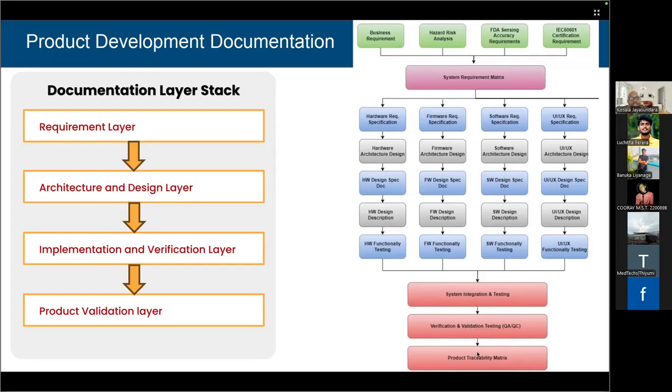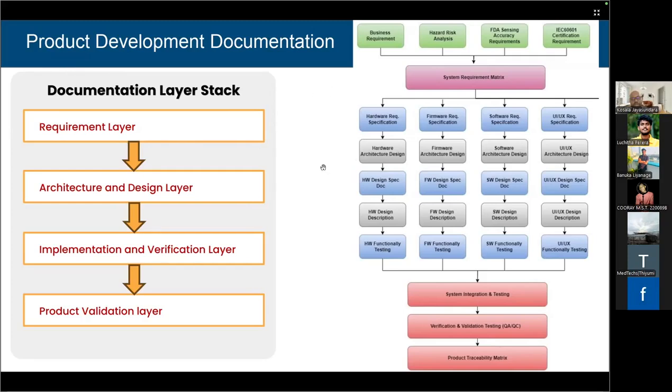So those links are given in the traceability matrix, which is kind of like an Excel sheet. When you have all these things together, you can put everything in a folder and give it to the FDA saying, look, this is our product development documentation for this product.